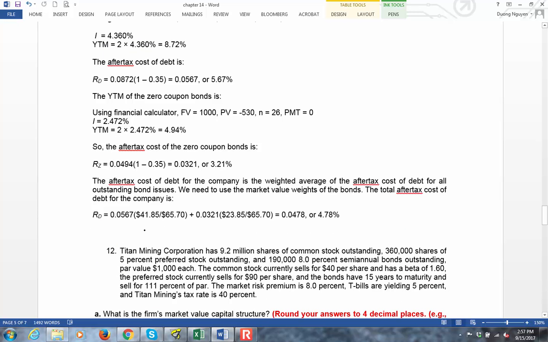So the weight of the first one is 41.85 over 65.70, and the weight of the second one is 23.85 over 65.70, and the after tax cost of debt for the 0 coupon bond is 3.21%. So you put them in and you get the answer, 4.78%.